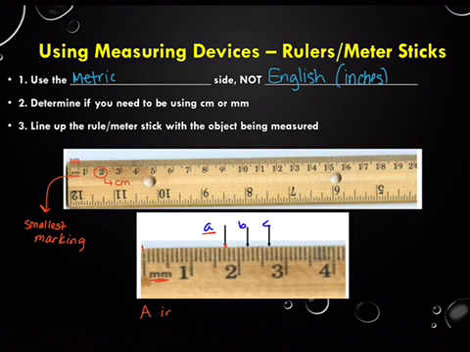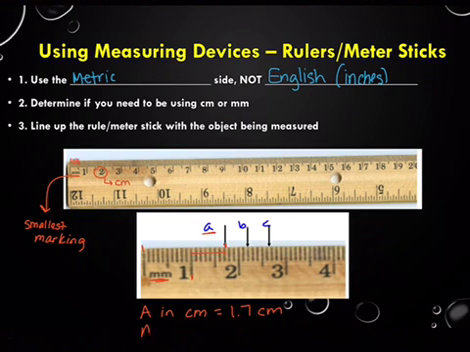So A in centimeters equals, so we're at 1 centimeter here, and we go to this line. Each line counts as 1, so 1, 2, 3, 4, 5, 6, 7. So this would be 1.7 centimeters.